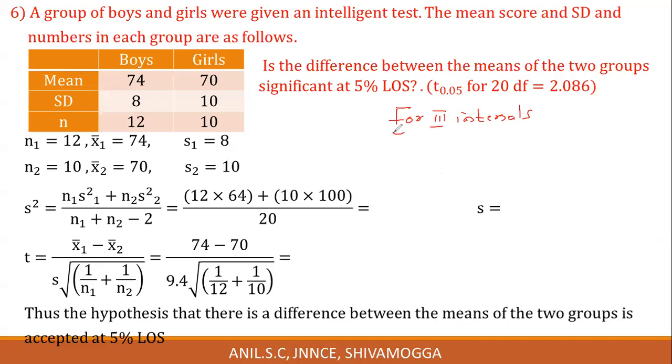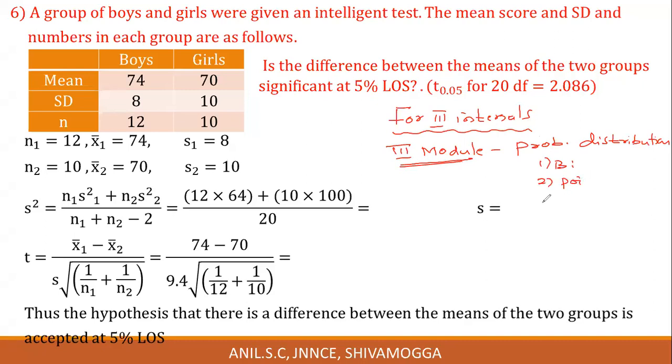For third internals, you prepare yourselves complete third module. Fourth module I have already given. So third module is probability distribution, right? Complete probability distribution. What methods are there in this? Binomial, Poisson, exponential and normal.